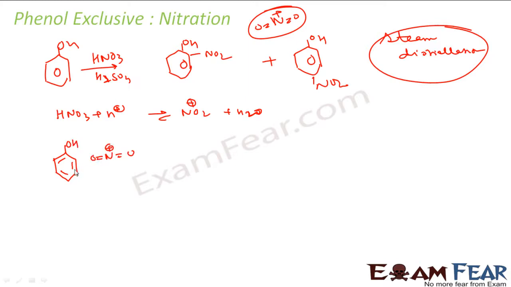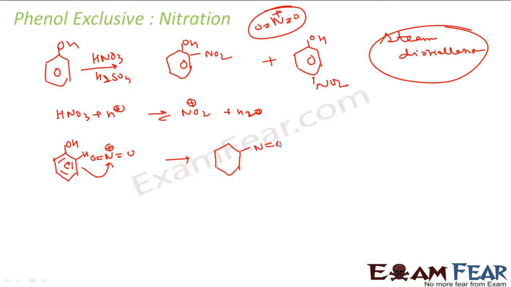This is a bond here. It is an electron rich bond, and this is an electron deficient nitrogen. So this bond will break and link with this nitrogen, and there is obviously a hydrogen already there. This bond will break in this fashion, minus and plus.